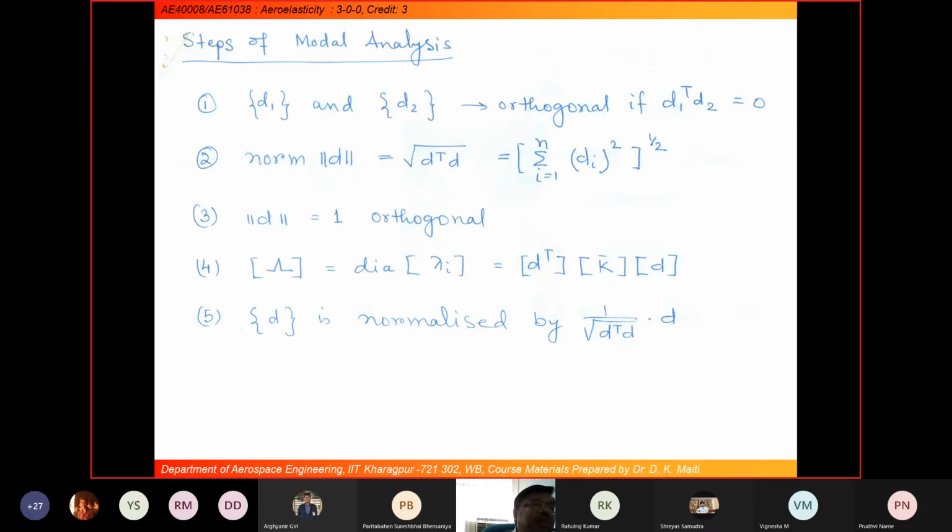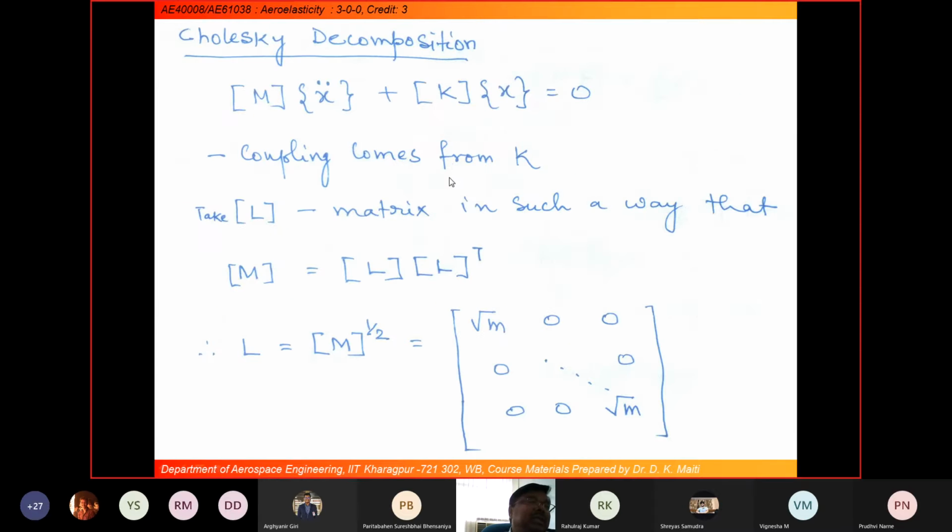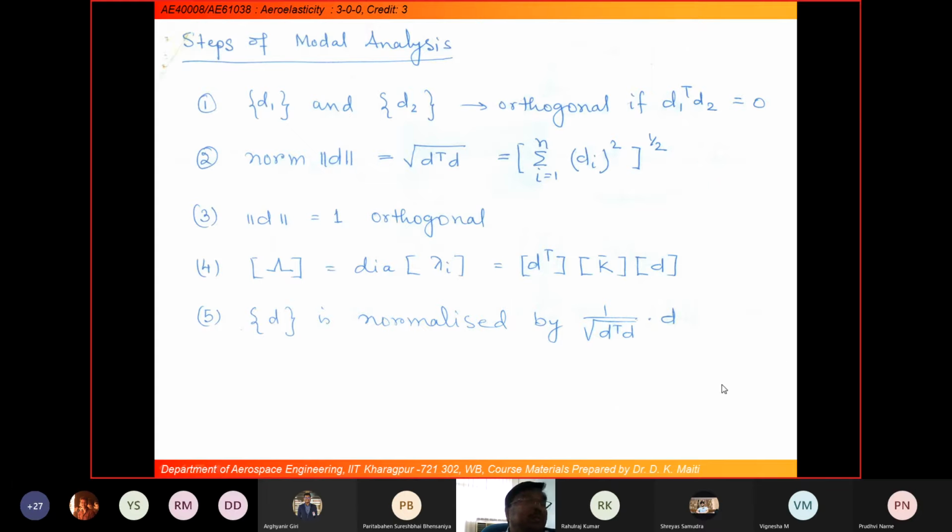Similarly, the norm of the D matrix, that is the modal vector, is the square root of D transpose D, which equals the summation of i equal to 1 to n of di square, to the power half. This gives the concept of the normalization process.